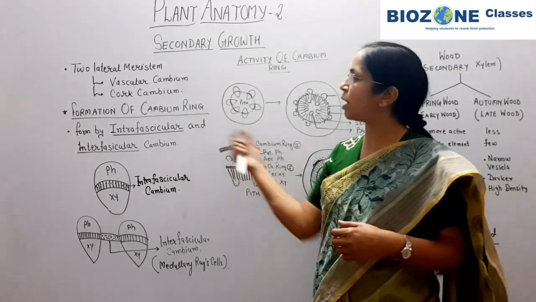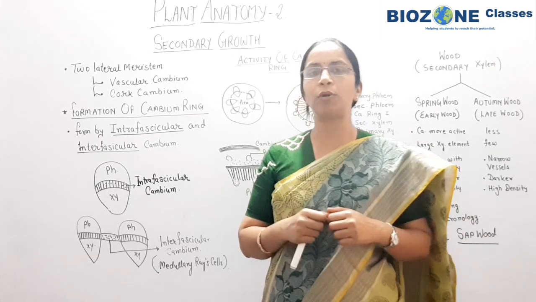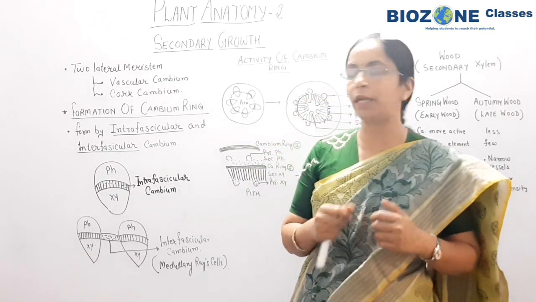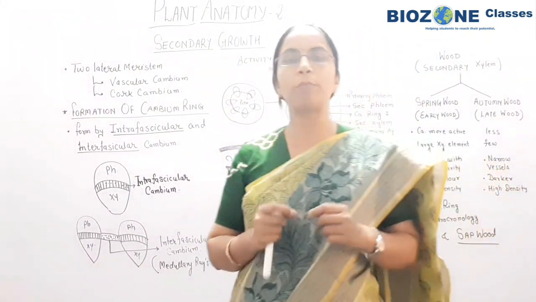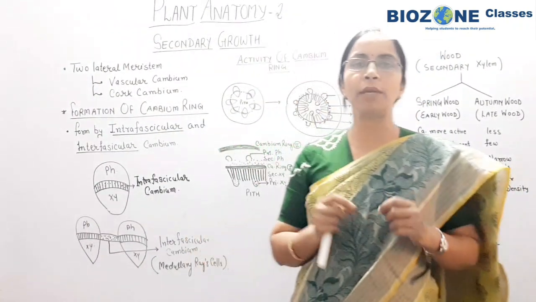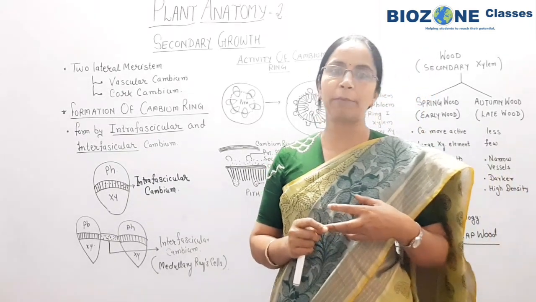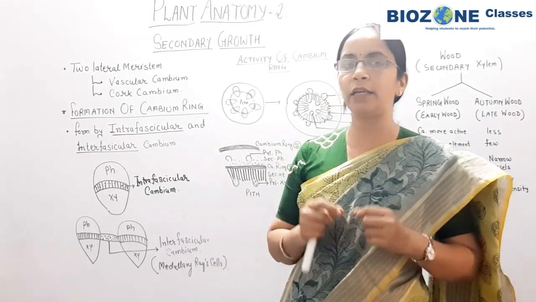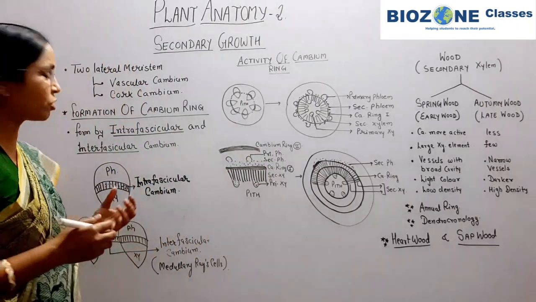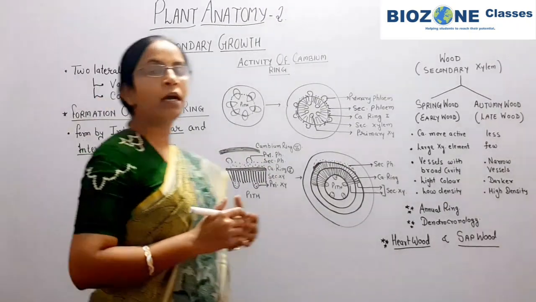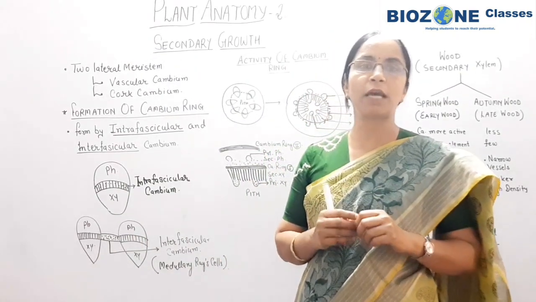So first in this part we study how the vascular cambium gets activated and is responsible for the formation of the cambium ring. The most important thing to remember is that the cambium ring is formed by intrafascicular and interfascicular cambium. So what is intrafascicular cambium? In the last sessions we studied vascular bundles. In an open vascular bundle, the cambium is present in between the xylem and phloem.